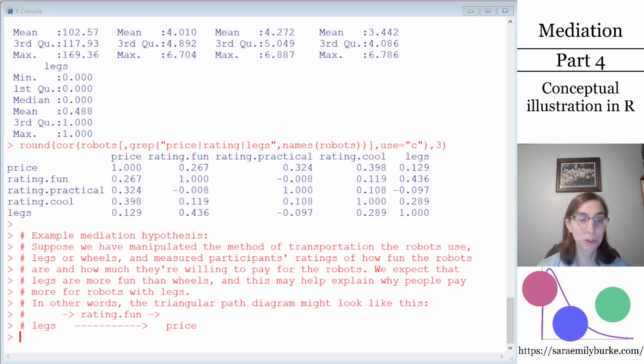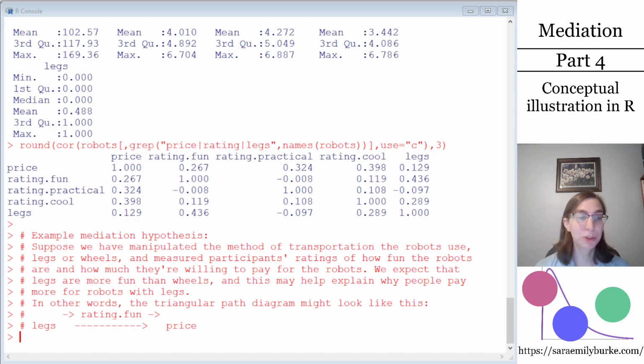We've measured participants' ratings of how fun the robots are and how much they're willing to pay for the robots, so that we have causal evidence for the discrepancy in fun ratings between robots with legs and wheels and the discrepancy in price between the robots with legs and wheels. And our expectation is that people are going to perceive legs as more fun than wheels. And this may help explain why people pay more for robots with legs than they pay for robots with wheels.